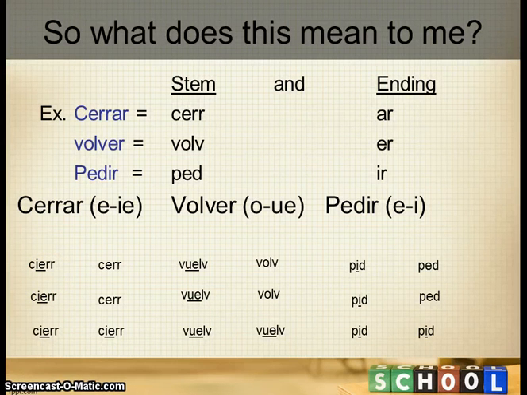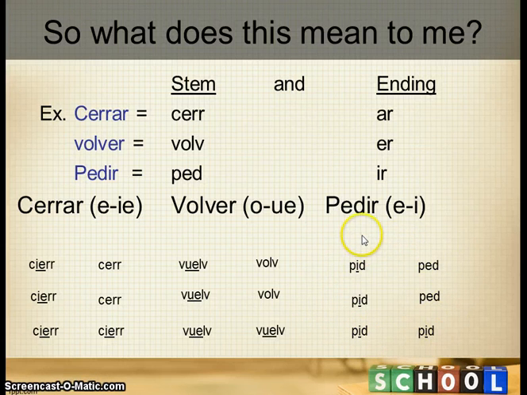We see that there's an IE instead of just an E in some of the forms, not all of them, but some of them. If you see an O to UE, that means the O in the word is going to change to a UE. And on pedir, it's E to I, and you see that the E is going to change to an I. If you look down at the bottom, the E changes to I in some of the forms.